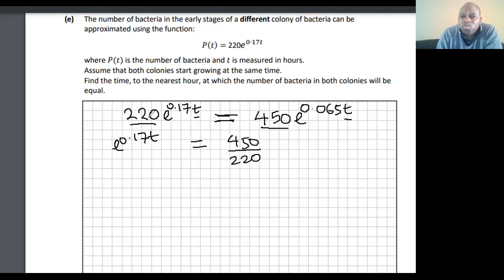You see, I'm taking this 220 to come and divide into that. Therefore, I'm going to take this guy to come to this side too and divide into this. You can see this guy is multiplying. It comes there, it becomes division. That's what you need to do. So that's it.